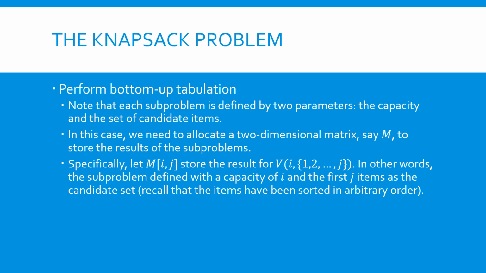Specifically, the entry M[i][j] will store the result V(i, 1 through j), which represents the optimal solution with a maximum capacity of i and a candidate item set containing the first j items.